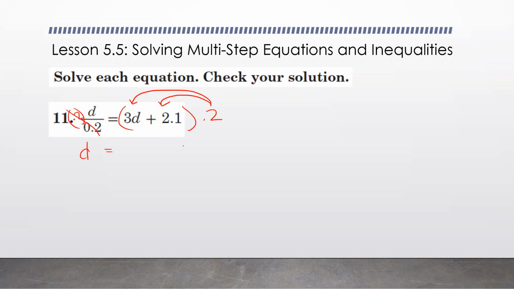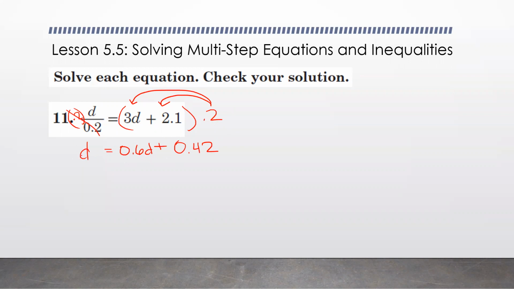So when I multiply 3 times 2/10, I end up with 6/10 d plus 2.1 times 2/10 ends up being 42 hundredths. Okay, so now I have variables on both sides.